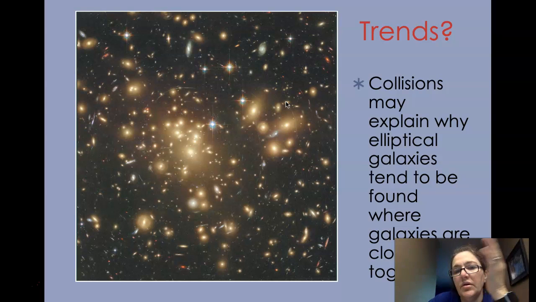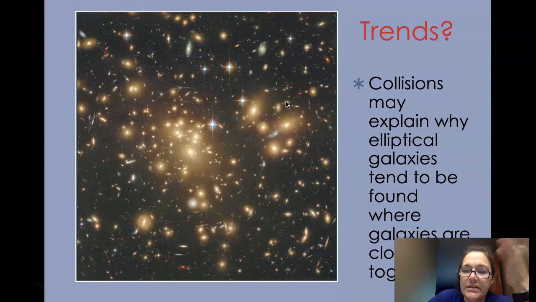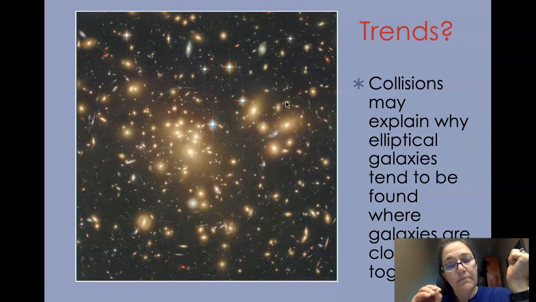And so what trends do we see? Well, the big trend that we see is where galaxies are clustered together, there are a lot more elliptical galaxies than there are spirals. So we think that it's those collisions that have formed the ellipticals, as spiral galaxies have collided to create ellipticals.